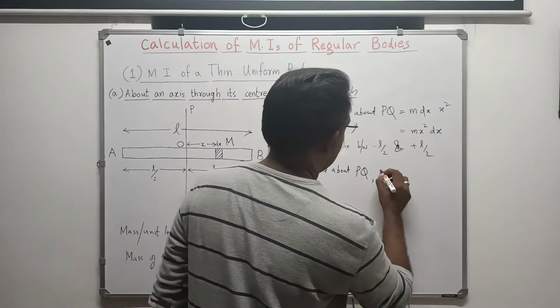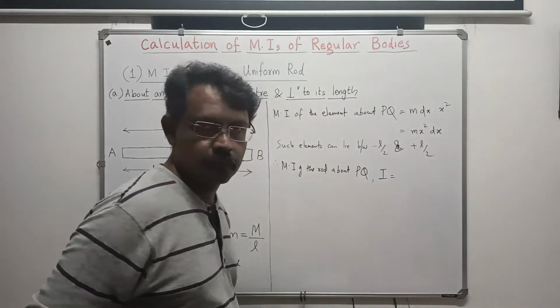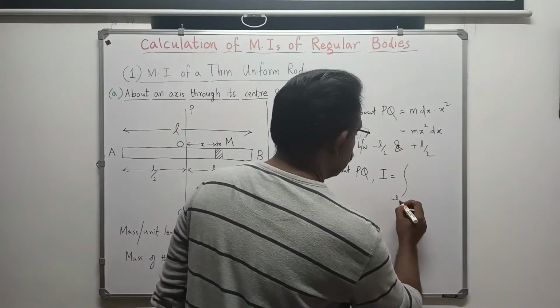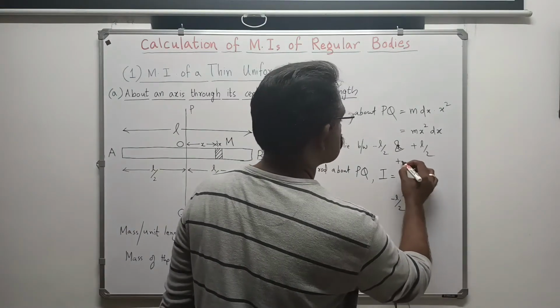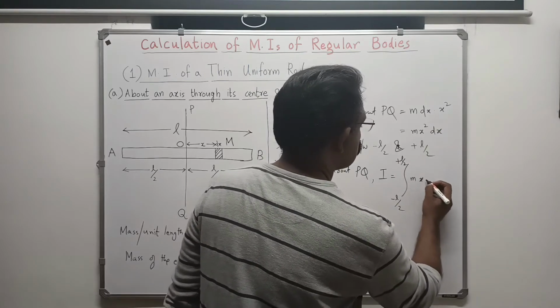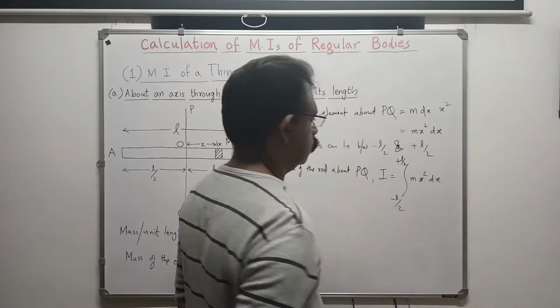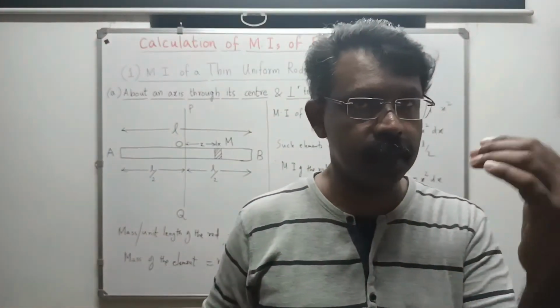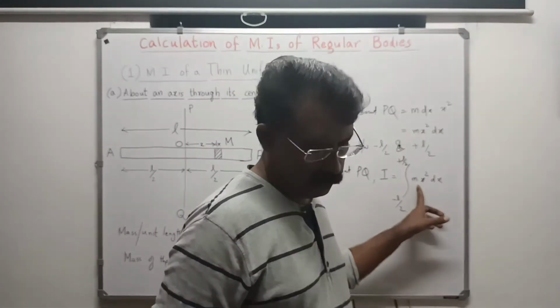is given by I equals, what you have to do is integrate from minus L by 2 to plus L by 2 this quantity, that is m x squared dx. So how will you integrate this one? When you are integrating, m is a constant. Why?